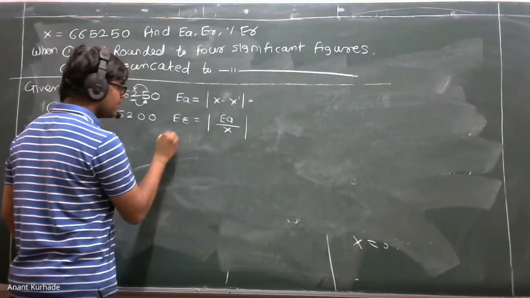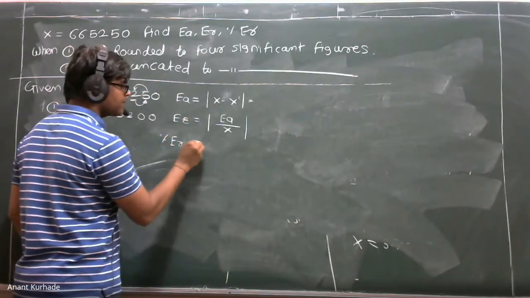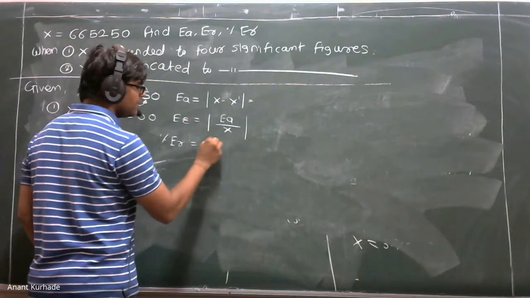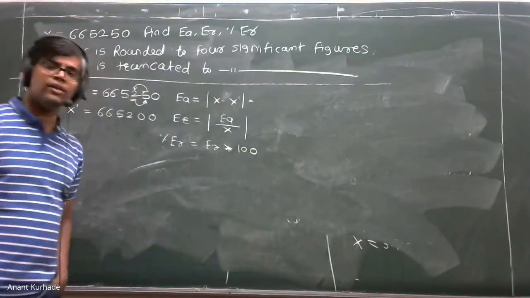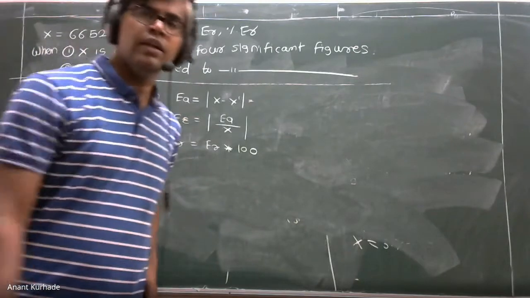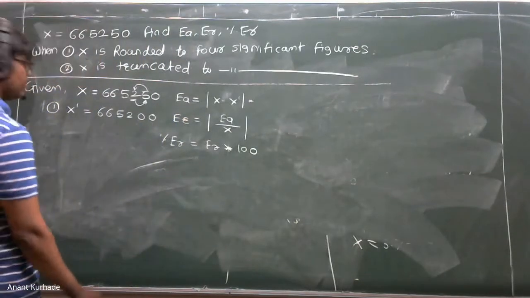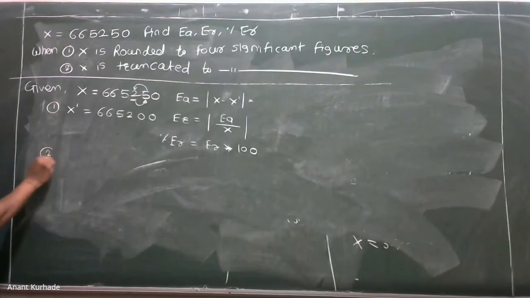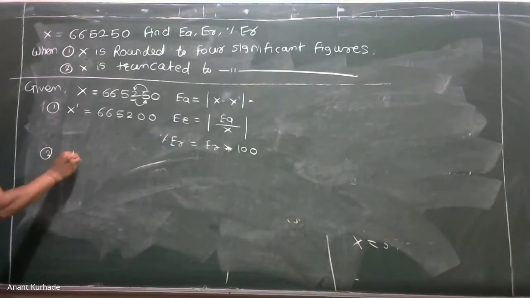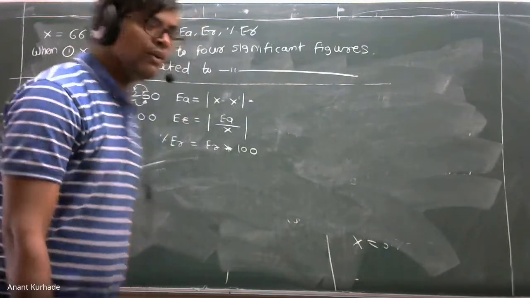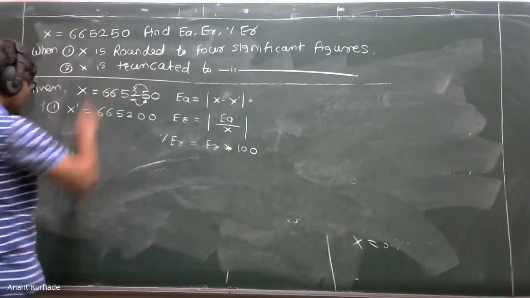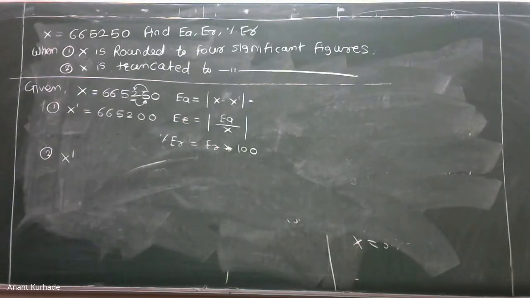Percentage ER is ER multiplied by 100. Can you solve this? Now we'll take the next one, the second one, where we'll change this.